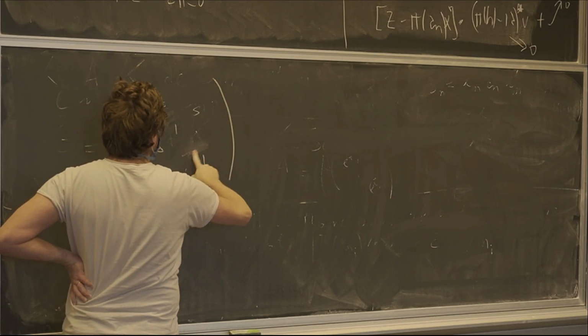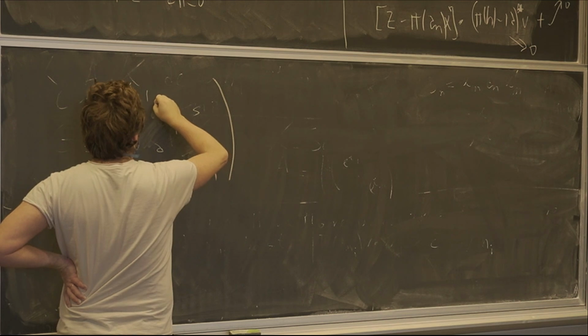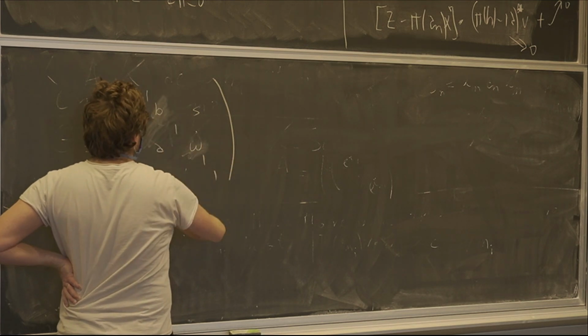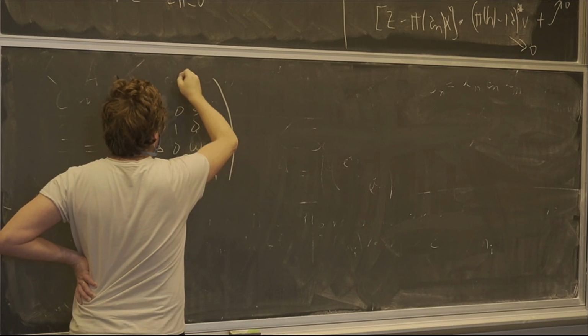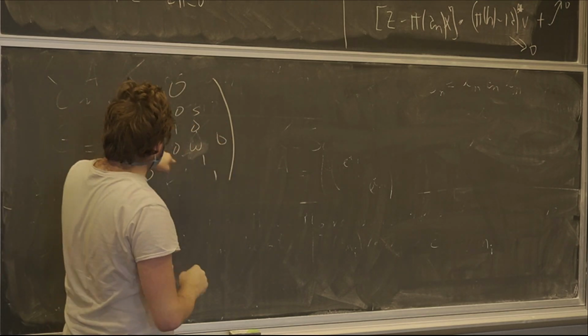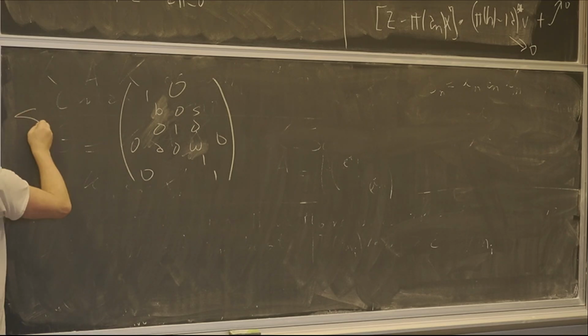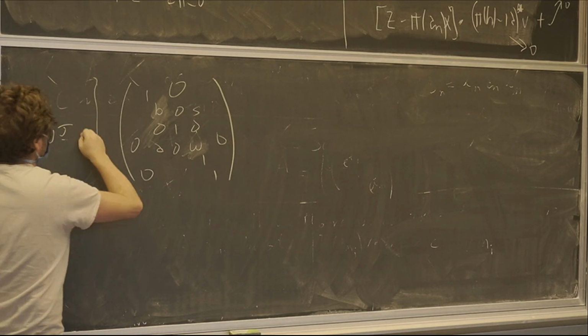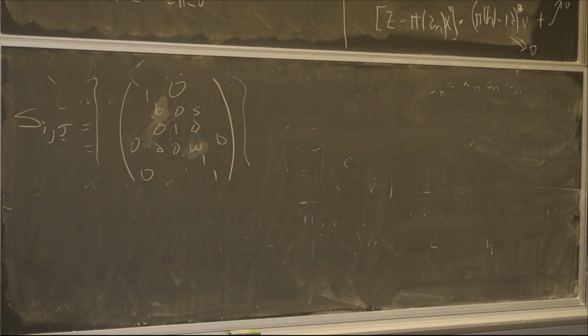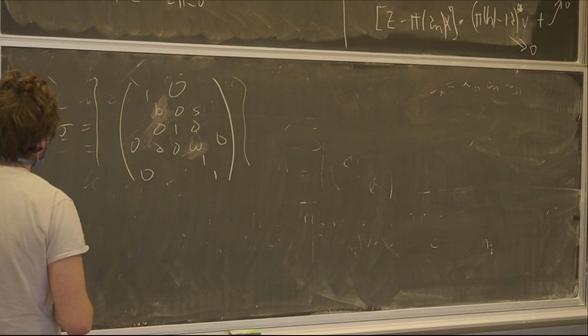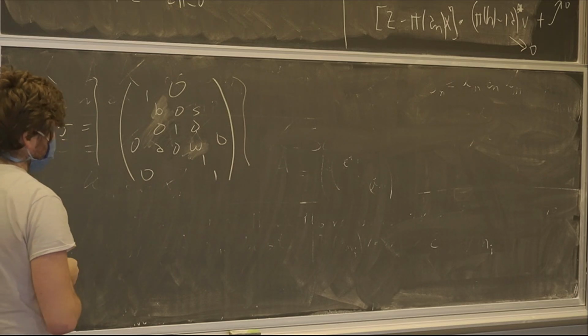Well, actually it's not e to the t, you put whatever b, w here, and the rest is 0, and bw minus as equals 1. All the matrices of this form give a copy, which sometimes is denoted Ij, a copy of SL2 inside there.